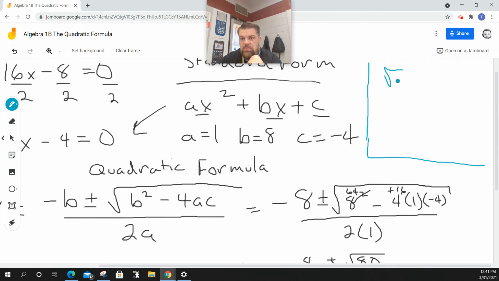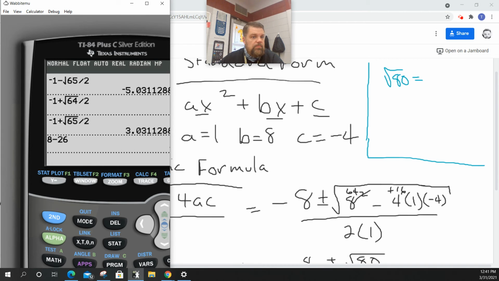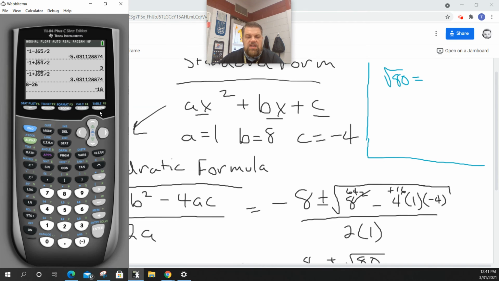So the square root of 80 is the same as, I think 16 goes into it 5 times. So remember when we reduce a radical, what we do is we try to find a perfect square that goes into it. Now 16 is 4 squared, so I want to see if 80 is divisible by 16. I think it does, 5 times. Yep.